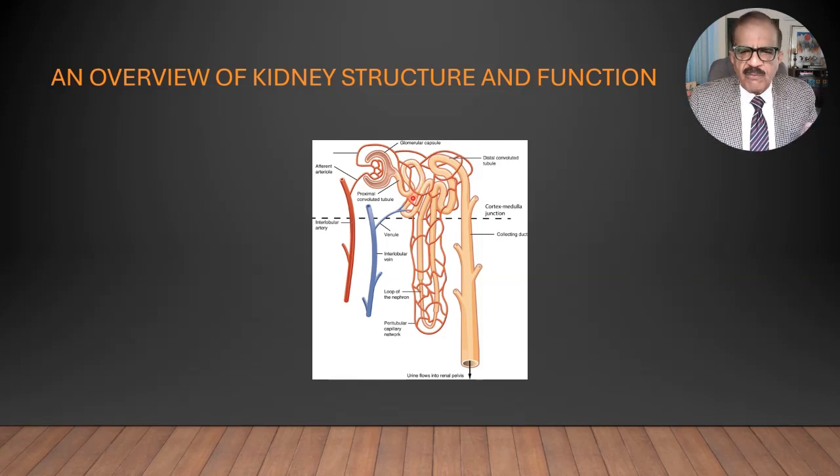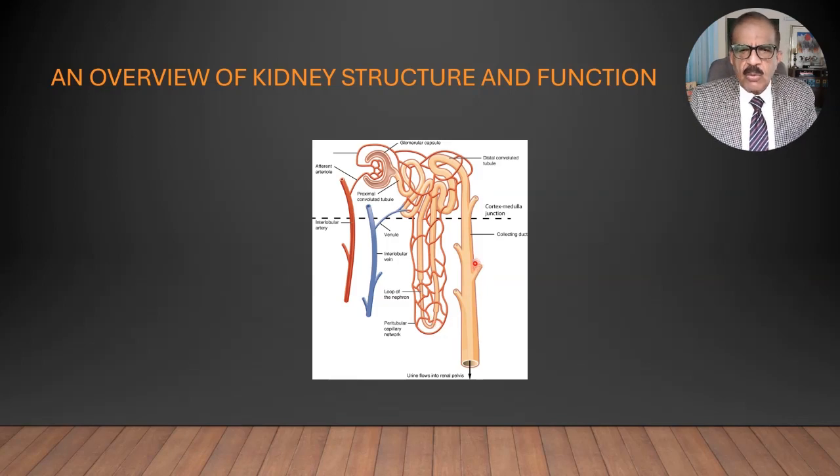So most of the fluid, 99%, is reabsorbed. And all essential nutrients like glucose are also almost completely filtered into the Bowman's capsule, but almost completely reabsorbed by a system called SGLT2 and also SGLT1 proteins. So this is a system.